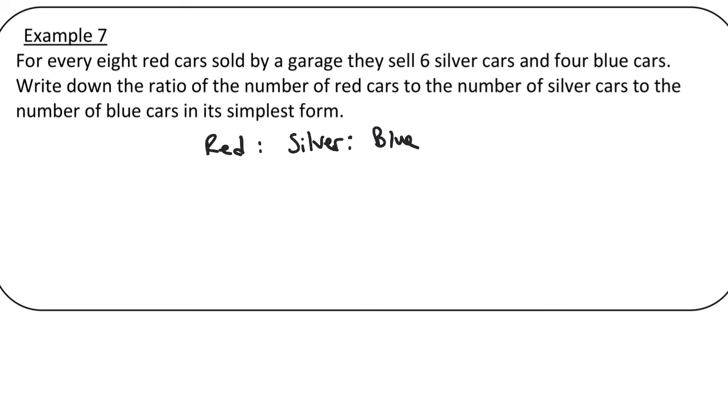And we're told that for every 8 red cars, they sell 6 silver and 4 blue. And what we can see, 8, 6 and 4 are all even numbers, so we can divide each term by 2, and we get 4 to 3 to 2. So that's it simplified.